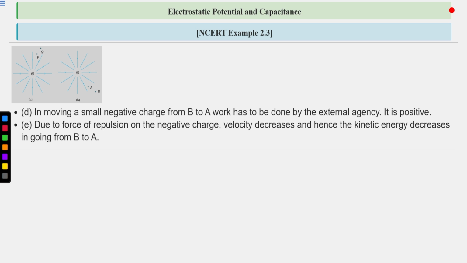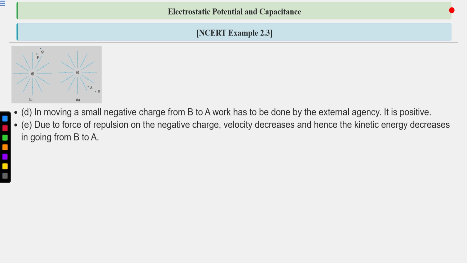It will decrease. So kinetic energy will also decrease. Due to force of repulsion on the negative charge, velocity decreases and hence kinetic energy also decreases in going from B to A. Force of repulsion will decrease the velocity, hence the kinetic energy of the particle.